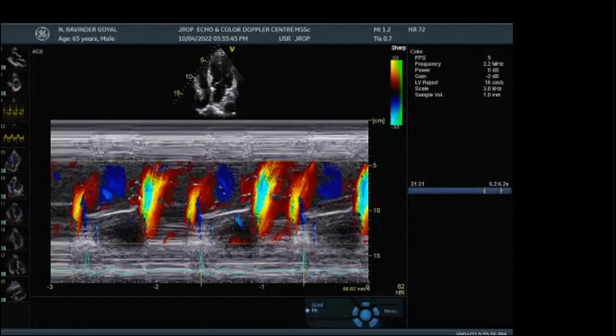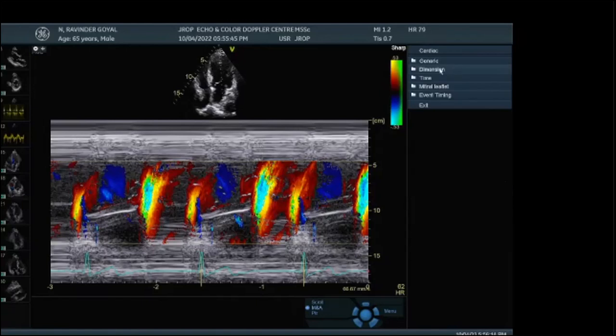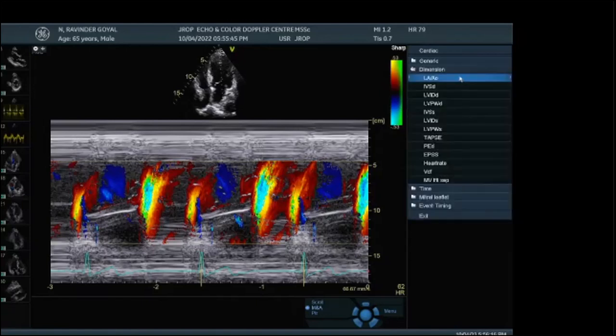So this is the E wave. This is diastasis, when no blood or minimal blood is flowing, and this is the atrial kick. This is known as color flow M mode. It has a utility during diastolic dysfunction evaluation.